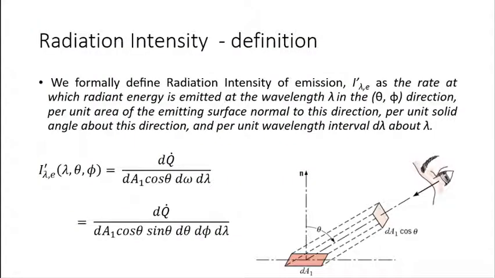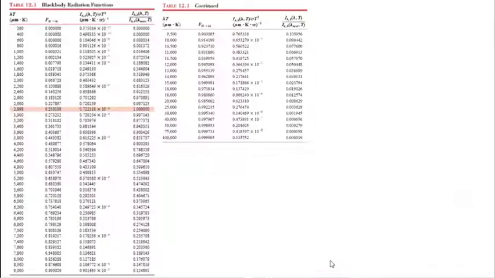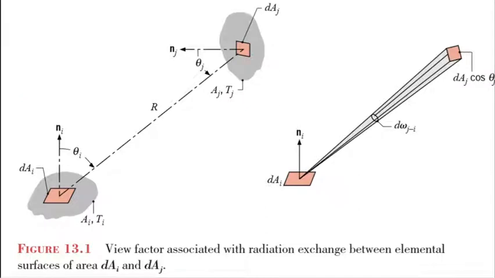If this is the area dA1, then projected in the direction which is at an angle theta to the normal, dA1 cos theta is the area that you see. Similarly, if this is dA2, then the area projected normal to the ray that is arriving from 1 would be dA2 cos theta, right? That is exactly what I was just talking about. So let's come back to this diagram.